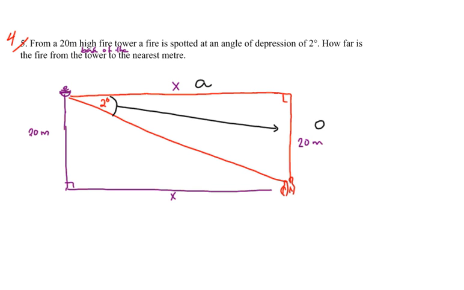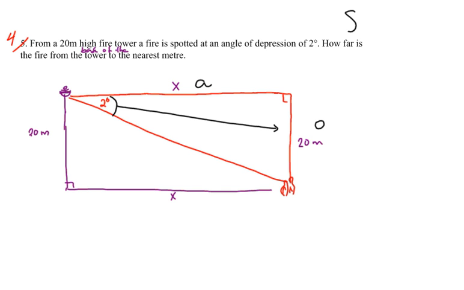Well, it's the same answer anyway, because it's such a small angle. I just added this wording in there: from the base of the tower, how far is the fire? Okay, which ratio has O and A?